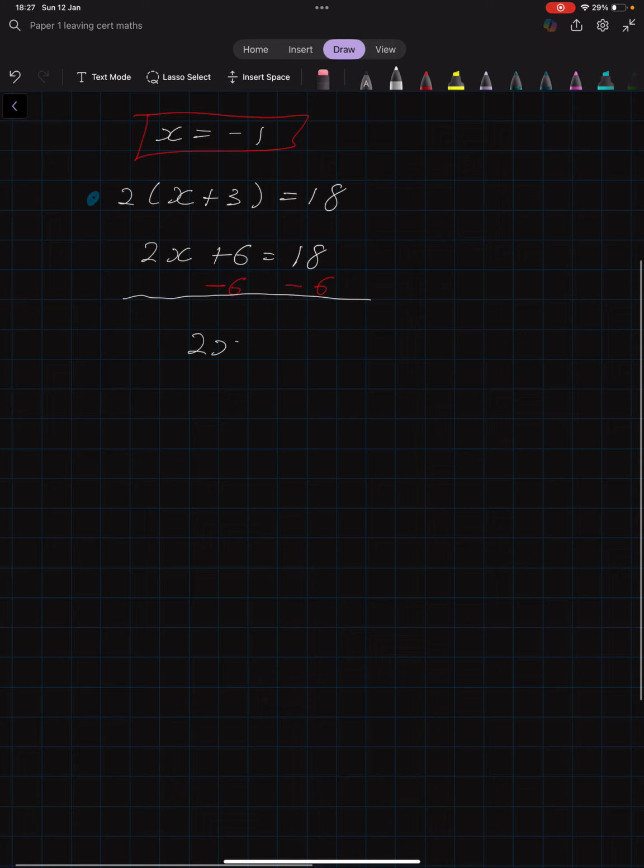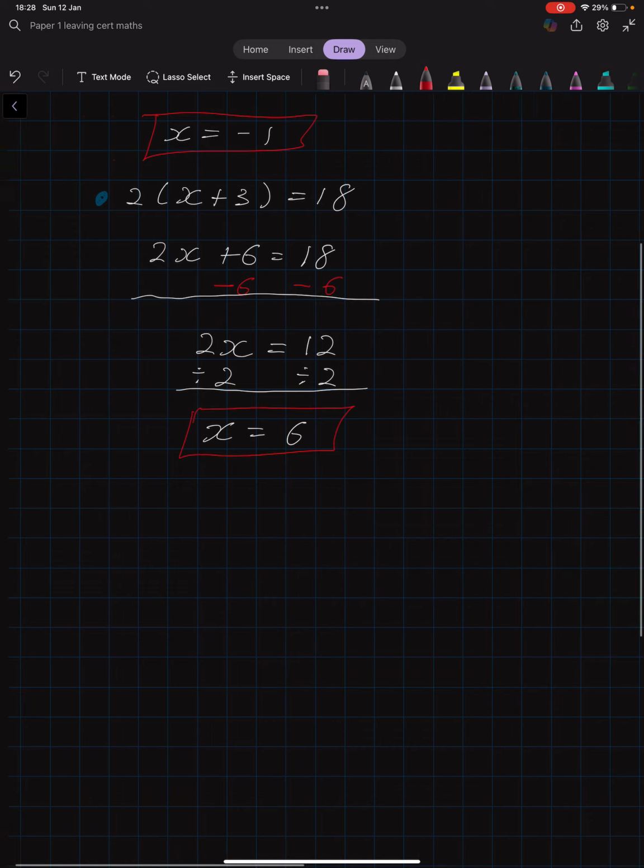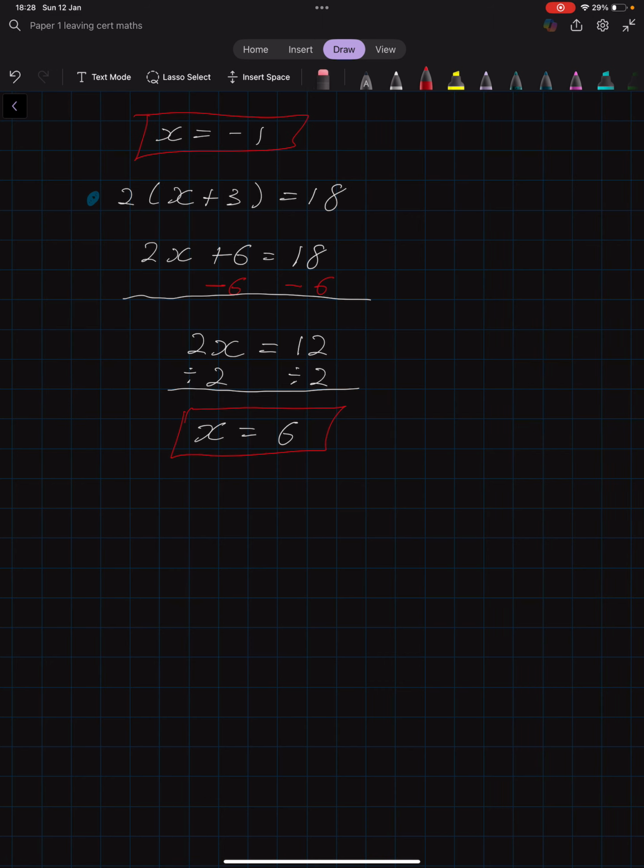Again, I'm going to divide by 2 on both sides, and this will simply give me x equals 6, and that is the final answer. So that's all you have to do. You just want to end up with x equals something, and then you just do the necessary steps to get it to that.